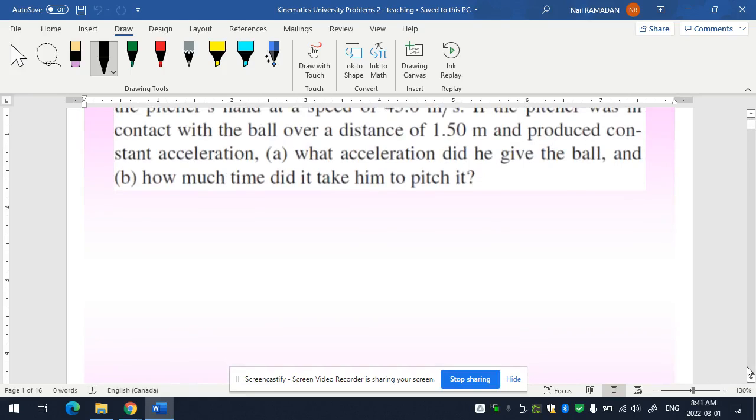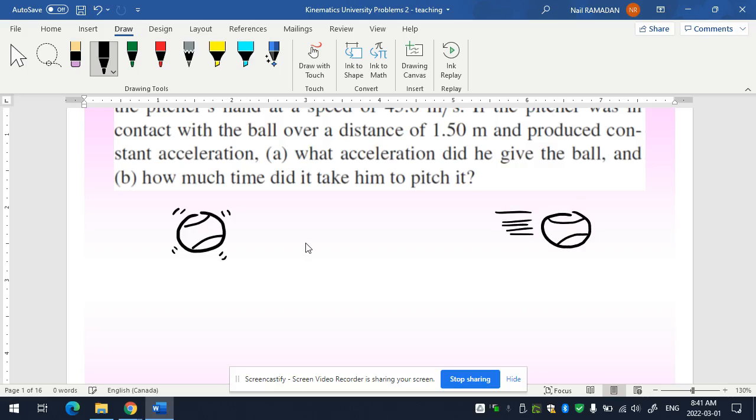So it was at rest, not moving. And then he starts to propel it forward, let's say in this direction. At some point it went up to here, and it was going this way.